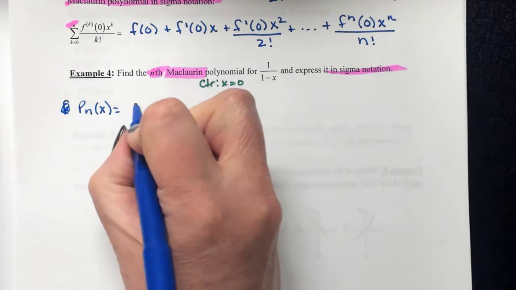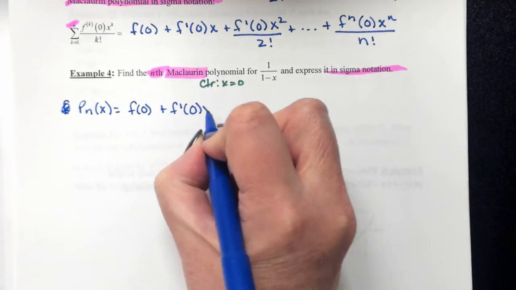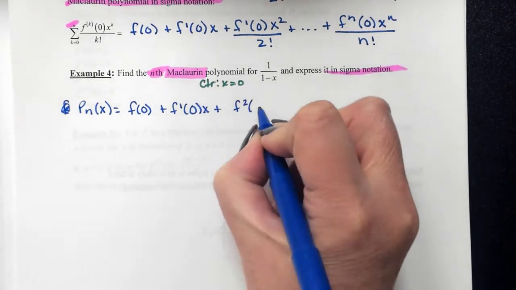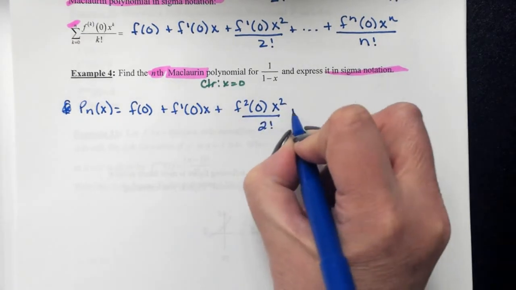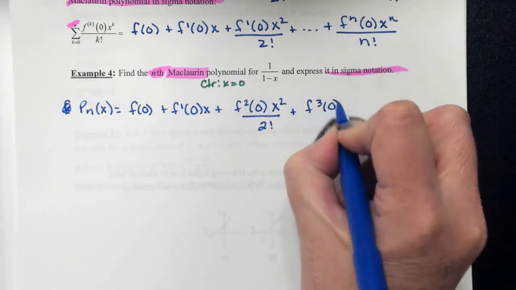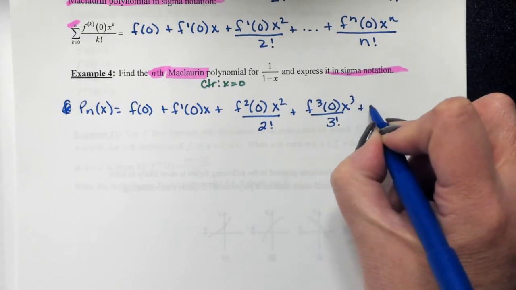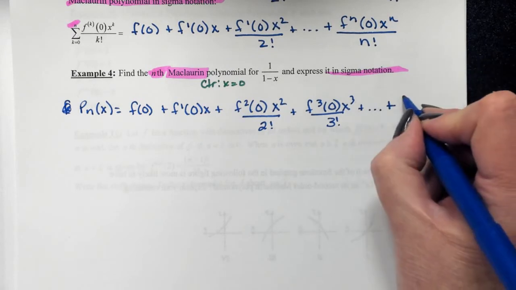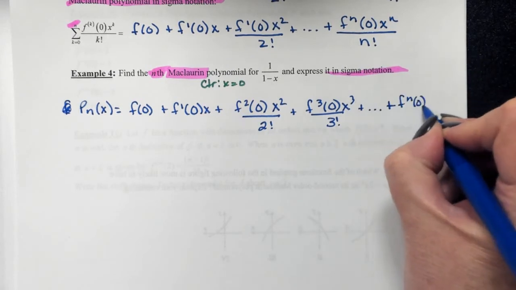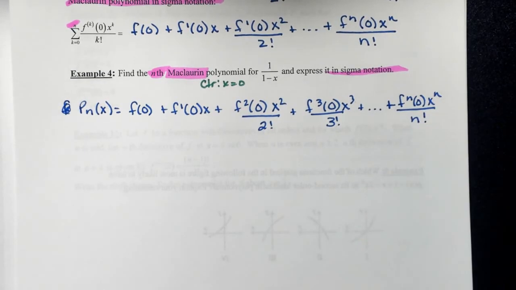So I know it's going to be f of 0 plus f prime of 0 times x plus my second derivative at 0 times x squared over 2 factorial plus f to the third of 0 times x to the third over 3 factorial plus dot dot dot plus the nth Maclaurin polynomial term, which will be f to the nth of 0 times x to the nth over n factorial.